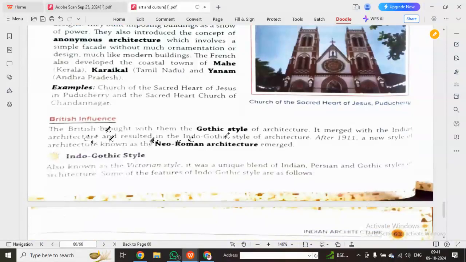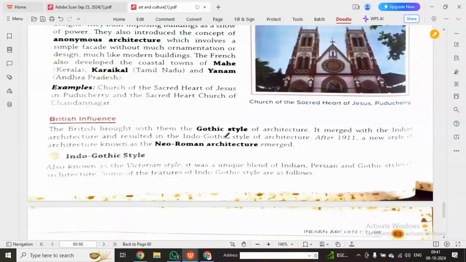British influence की बात करें तो they came up with the Gothic style. It merged with the Indian architecture, and तो ये बन गया Indo plus Gothic.